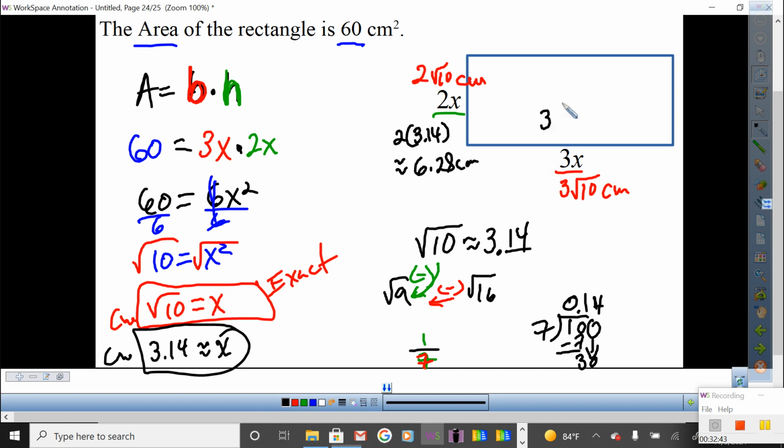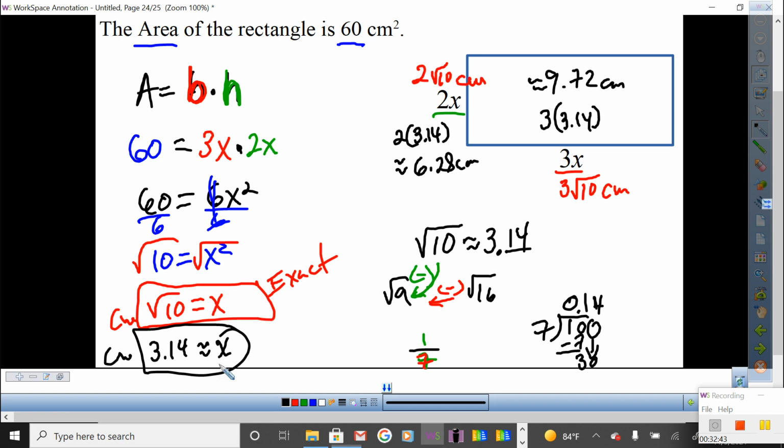And over here, approximately 3 times 3.14 is 9.42 centimeters, approximately. And that's going to be the home play as well. They're going to ask you for the exact, which means leave it as a square root, and the approximate, and you know how to do the approximate.